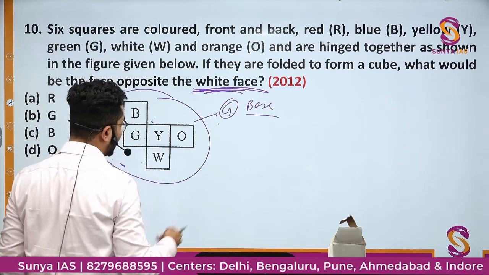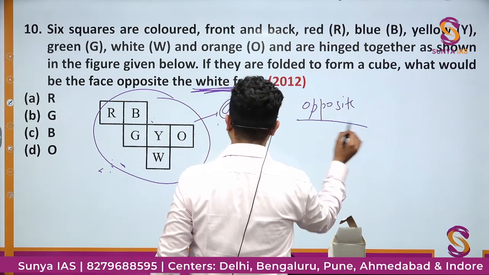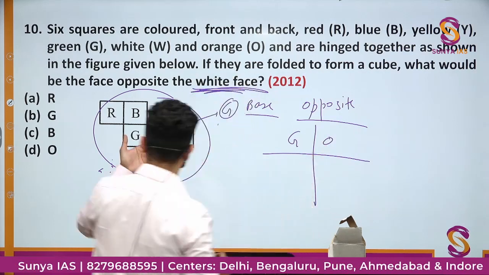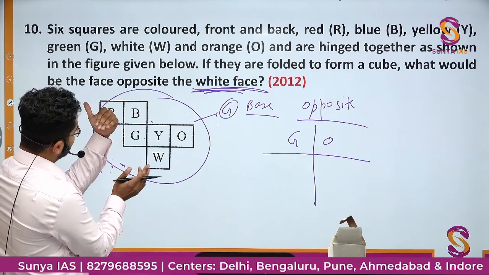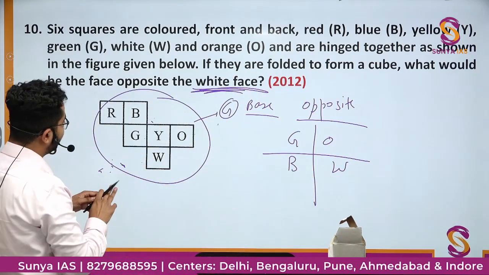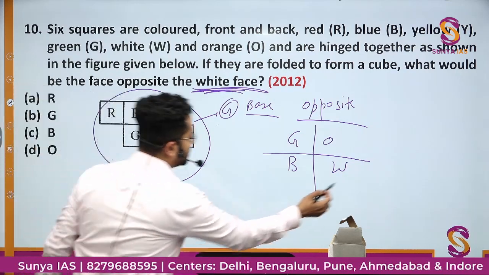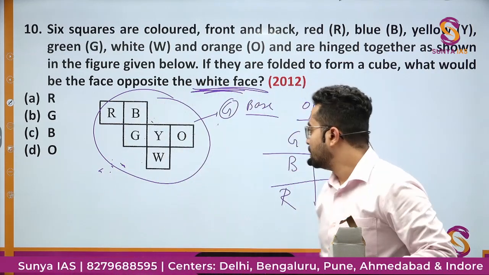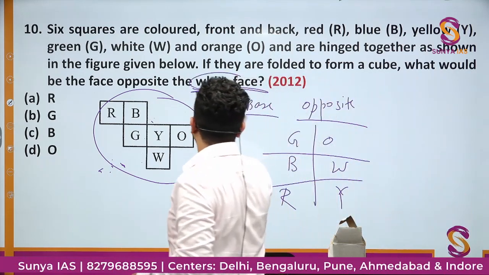So here you can see, if we make the pairs of opposites, what will I find? G is opposite to O: G is at the base, O will come at the top. This B will fold from here, W will fold from here, B will come here, and this Y and R will be sideways. Any problem? So opposite the white face, meaning what is opposite to W?